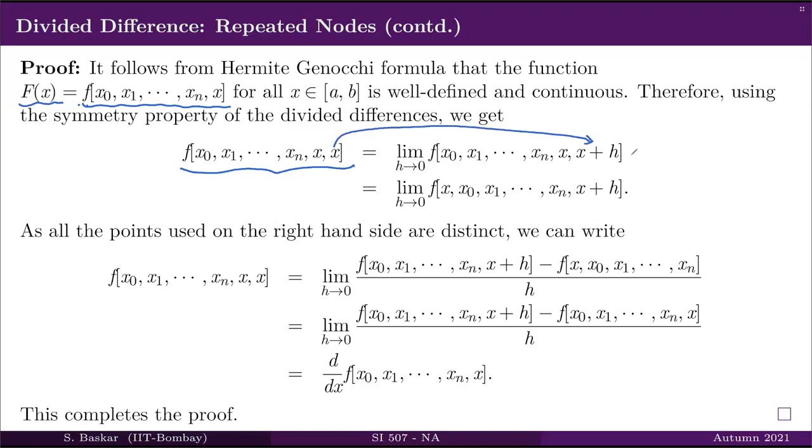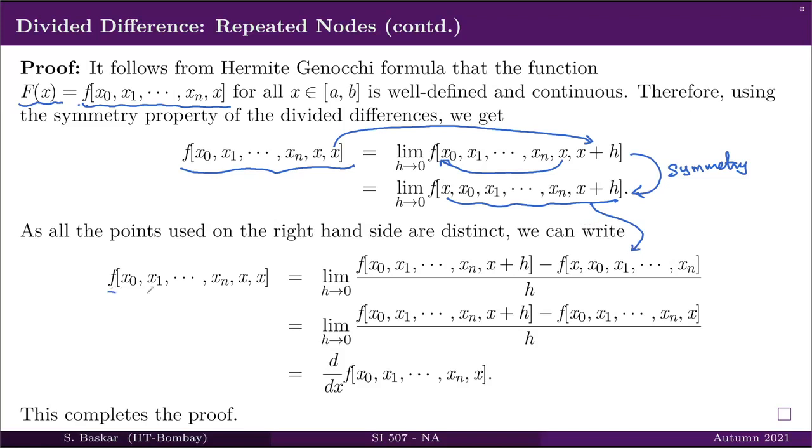And by symmetry, we can write this as, I am just taking this x to the first position. I am just permuting it and writing it as limit h tends to 0, f of x, x0, x1 up to xn, x plus h. Note that all these points are distinct. Therefore, you can use the classical definition itself, right?